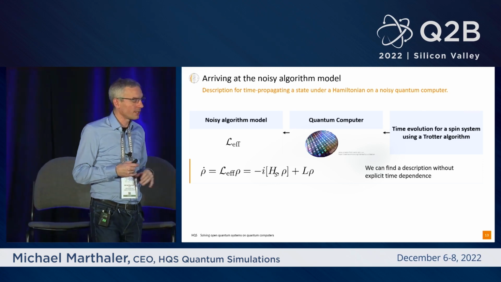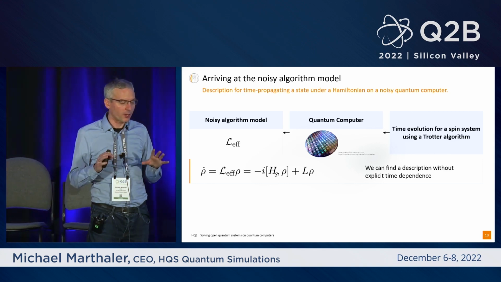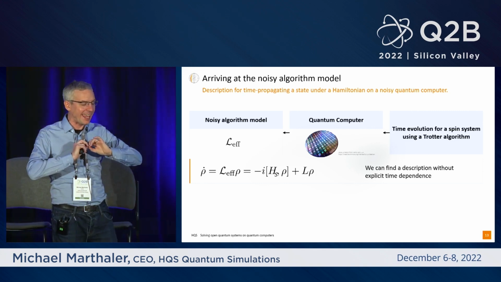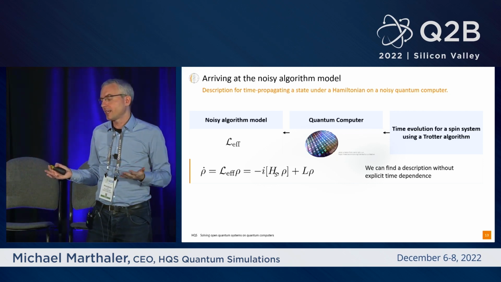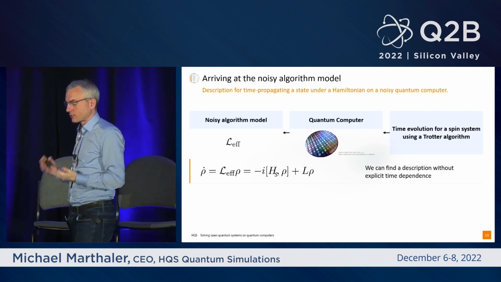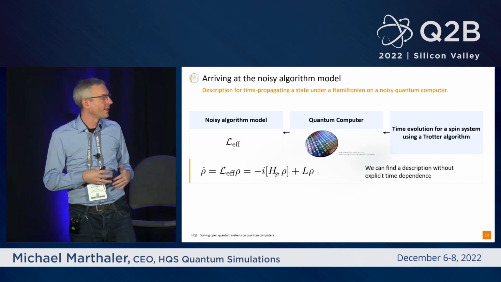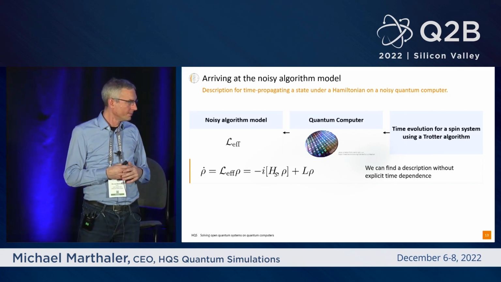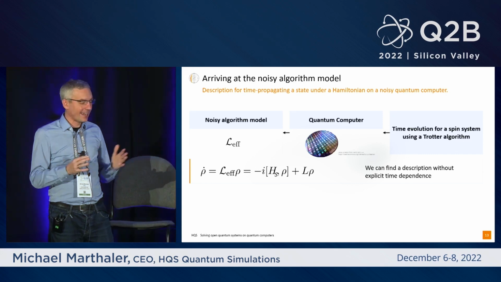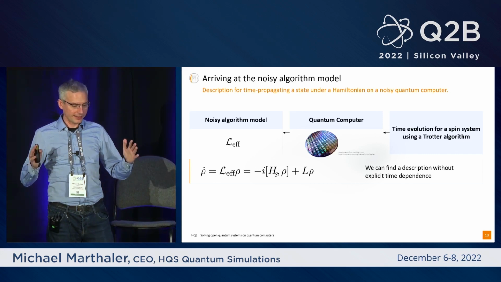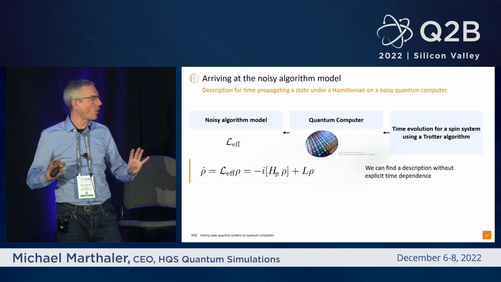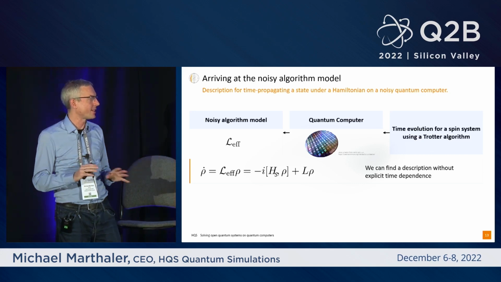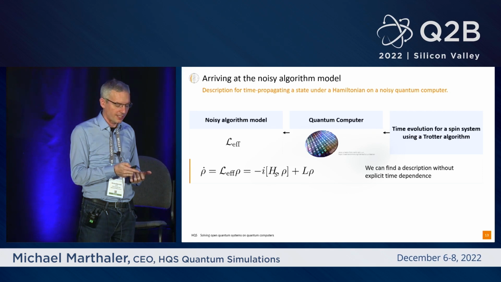You look at your quantum computer with all the noise in there, and then what you see is that at the end you can write down an equation like this. People who are familiar with this will recognize the standard description for open quantum systems: the master equation in Lindblad form. And then you have a closed form description where all the gates, all the time dependence, everything is gone. Now we have a closed form description that helps you understand what the quantum computer is actually doing.